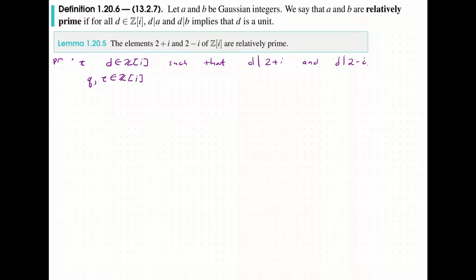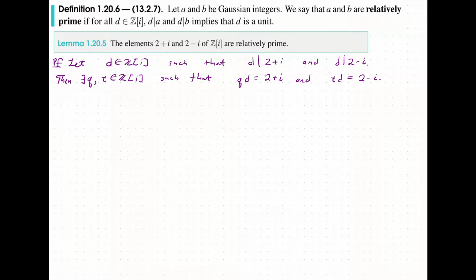So then there exist Gaussian integers q and t such that q times d equals 2 plus i, and t times d is equal to 2 minus i.